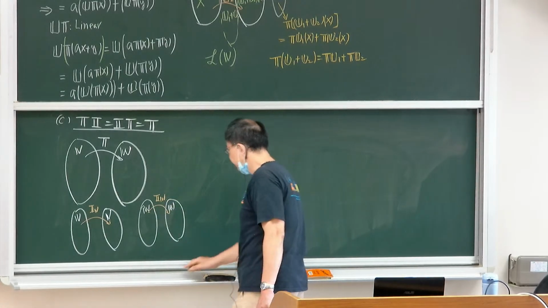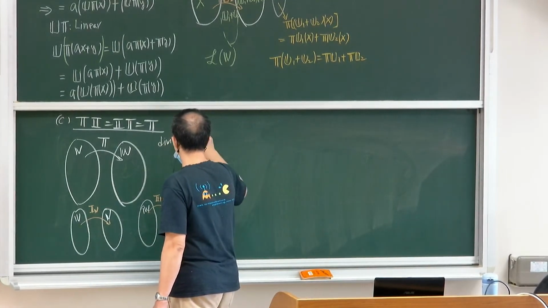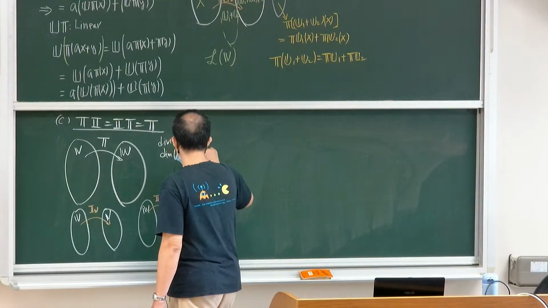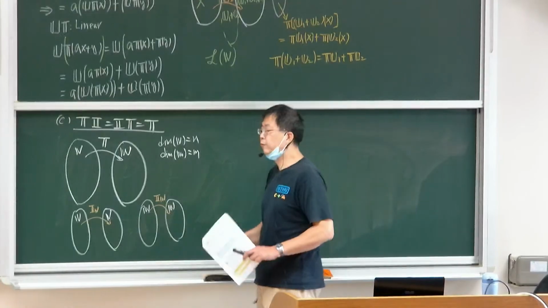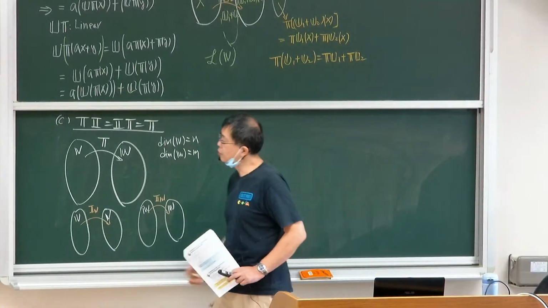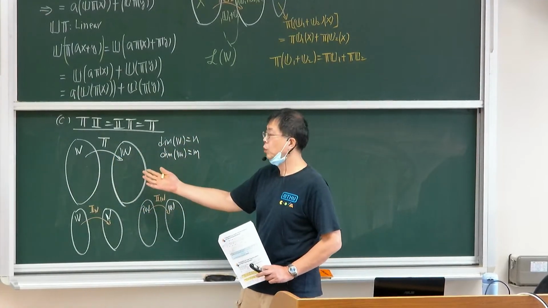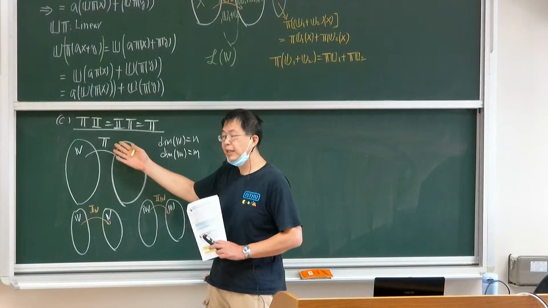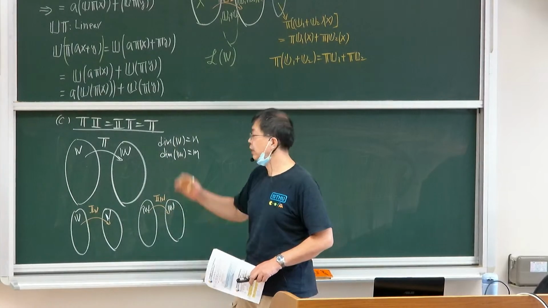So if dimension V equals n and dimension W equals m, then we have to be very careful because dimension V is not equal to dimension W. So the matrix representation of T is no longer a square matrix. It's an m by n matrix.